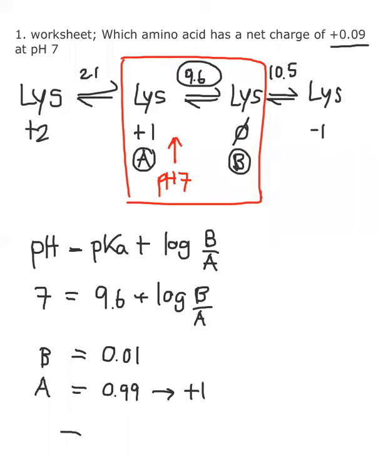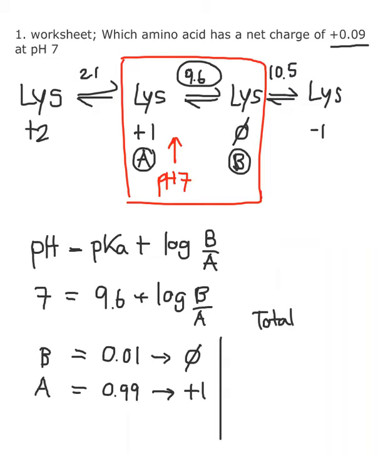So to calculate the total net charge, you need to use the equivalents and the chart to figure out the net charge at that certain pH. The acid ratio gives you plus 1 charge, whereas the basic ratio gives you neutral charge. To calculate the total net charge, you multiply the equivalents by the charge of that structure.